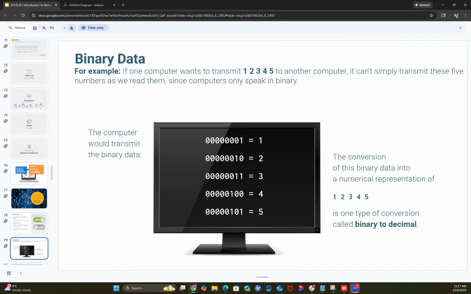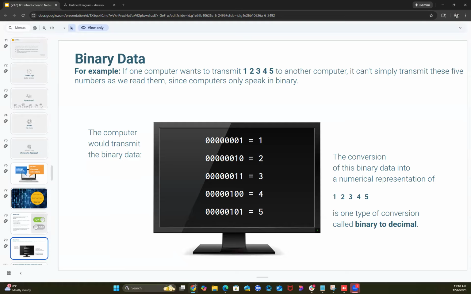When you write down 2, the computer understands 0, 0, 0, 0, 0, 0, 1, 0. When you write down 3, the computer understands 0, 0, 0, 0, 0, 1, 1. When you write down 4, the computer understands 0, 0, 0, 0, 1, 0, 0. When we write down 5, the computer understands 0, 0, 0, 0, 1, 0, 1.